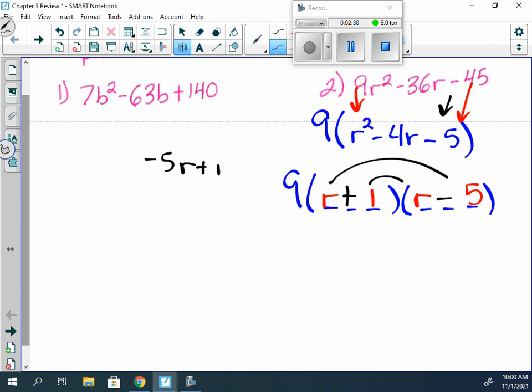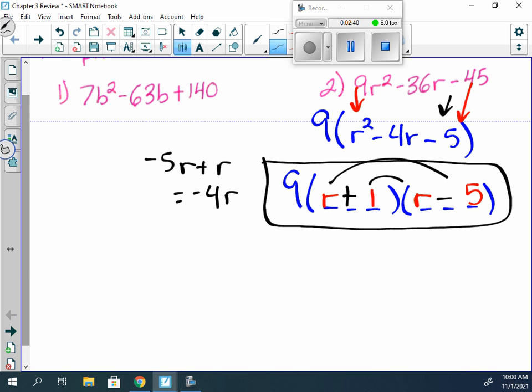Positive 1 times r is plus r, which gives us negative 4r, which is exactly what we wanted. So that right there is our answer. Number 1 would be handled the exact same way. We would factor the 7 out, 2 sets of parentheses.